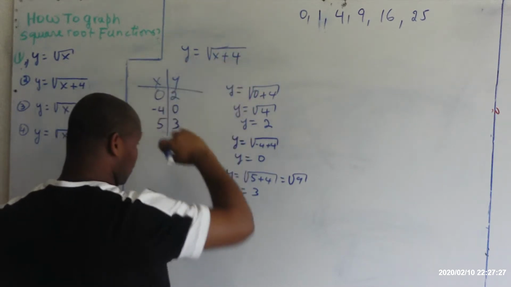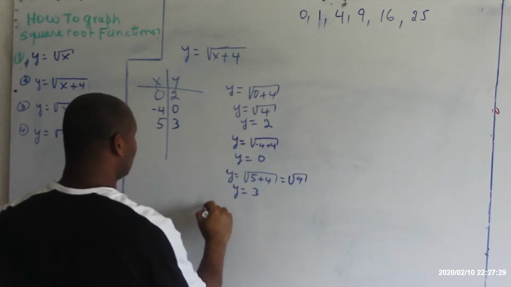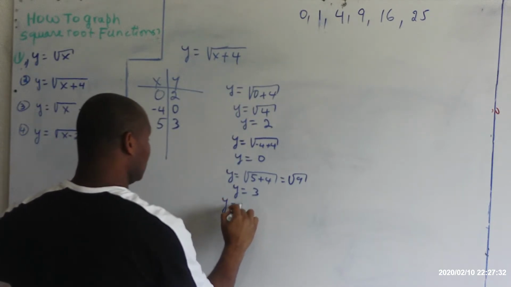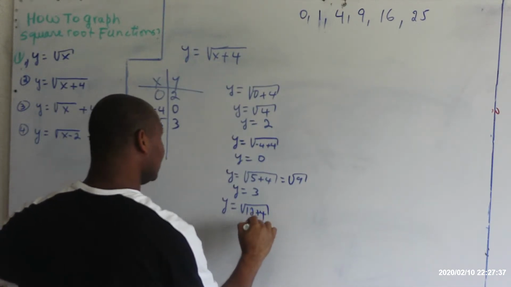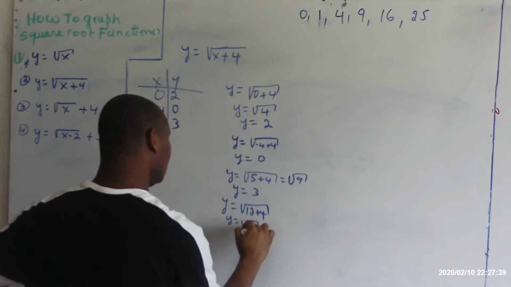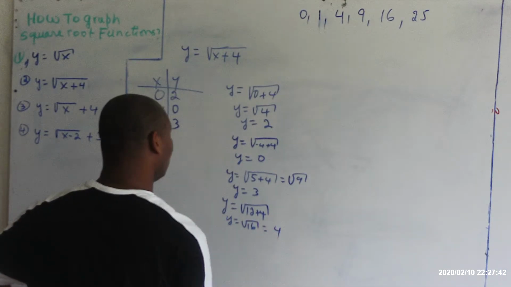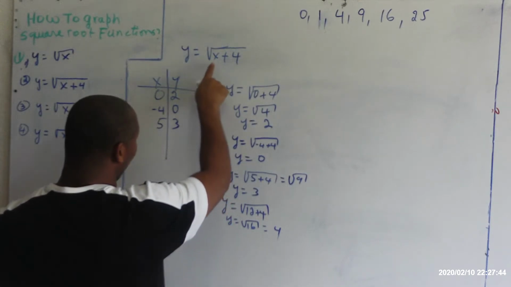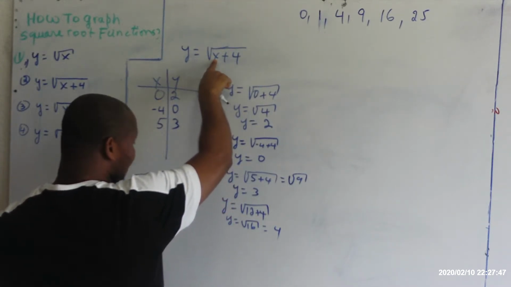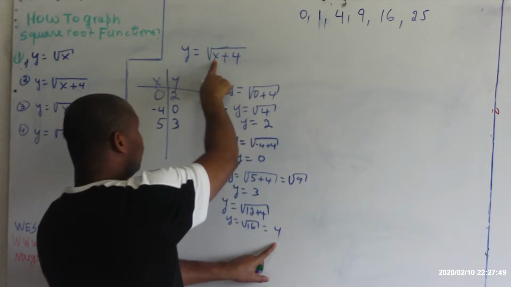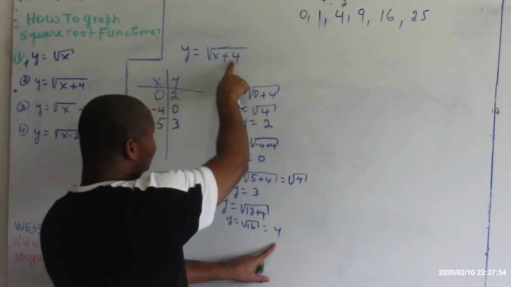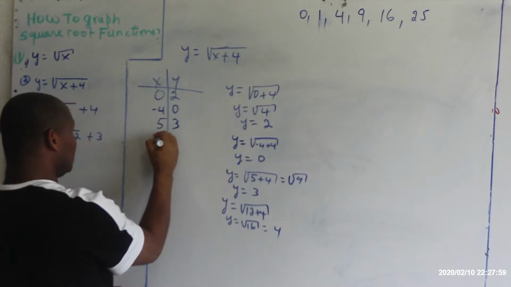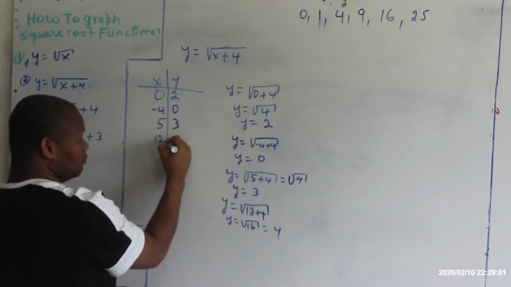So y equals square root of 12 plus 4, which is square root of 16, and that's going to be 4. So when I put 12 right here, I will have 4.